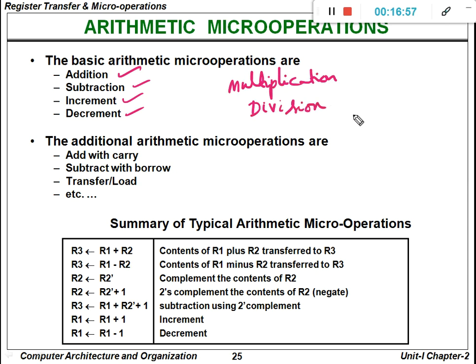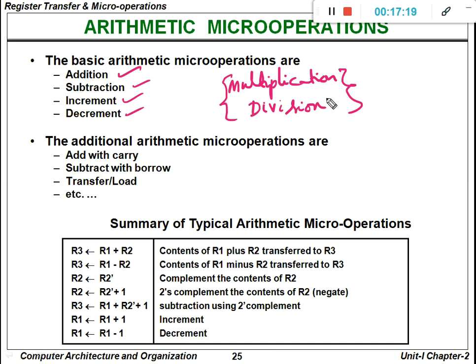So these are also arithmetic micro operations. However, performing these is somewhat complicated compared to addition as well as subtraction. So that is why we'll see how to perform multiplication and division later.